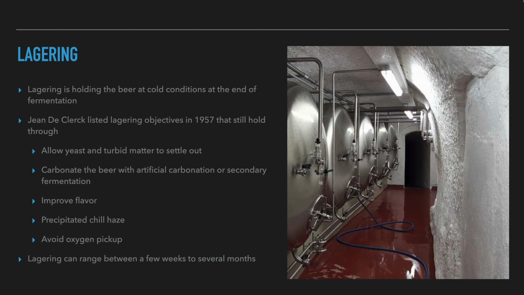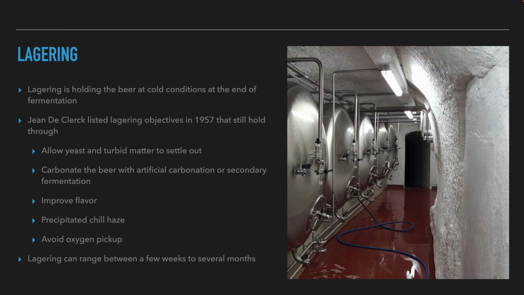The second is to carbonate the beer with the help of external carbon dioxide or a second fermentation. The third, to improve the flavor of the beer. The fourth is to cause chill haze to sink. And the fifth is to avoid oxygen found in the beer because the yeast will use it and clean it as well.